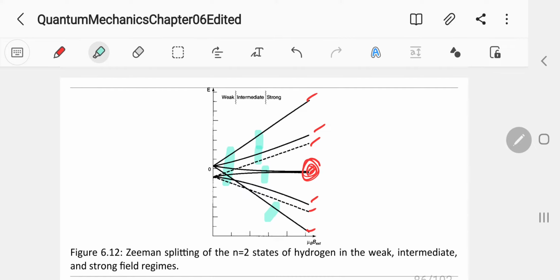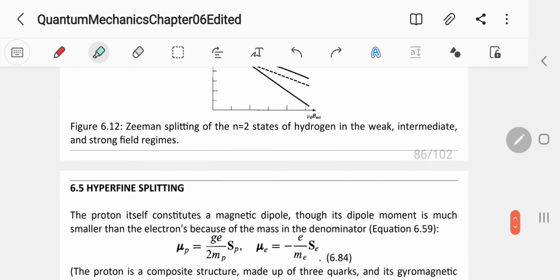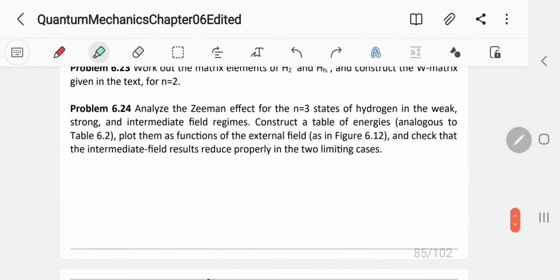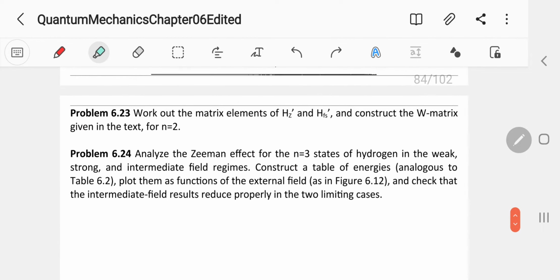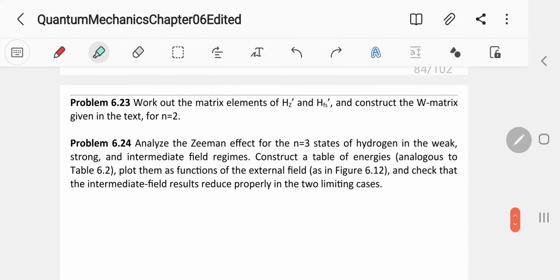And for the intermediate zone where the internal and external magnetic fields are comparable, you will have the splittings here in this region. So if you have some time, you can solve these problems 6.23 and 6.24.